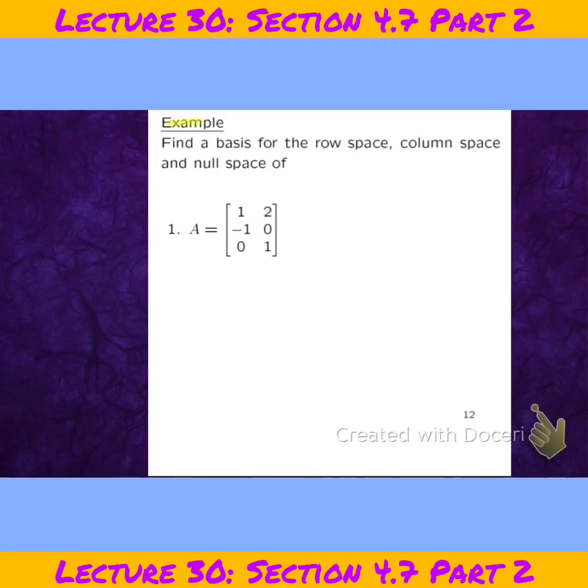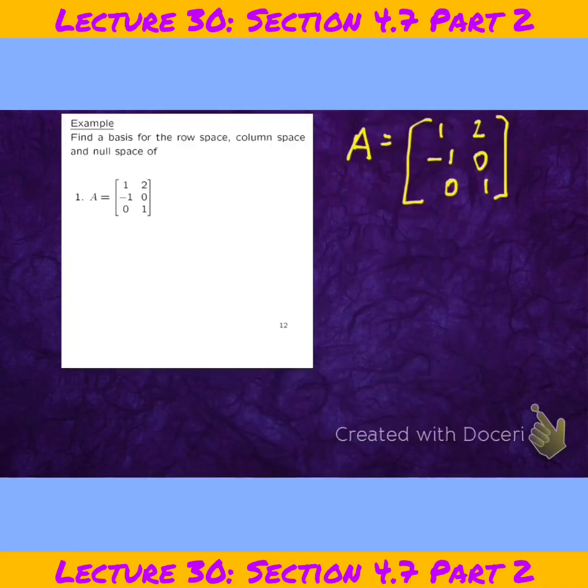Alright, so in this example, they ask us to find the basis for the row space, column space, and the null space of this matrix A. So there's my matrix, and I'm going to change the second row by taking the first row and adding it to the second row.